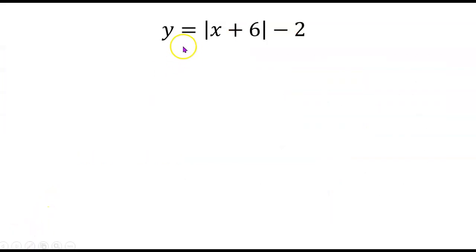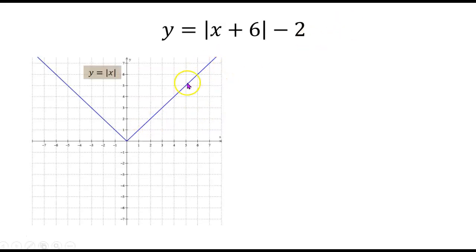And what about this one? Y equals the absolute value of x plus 6 minus 2. So here our starting point, our parent function, isn't x squared, it's the absolute value of x. So do you remember what that looks like? That was one of the basic functions we looked at in the last section. It's got that V-shaped graph like this.